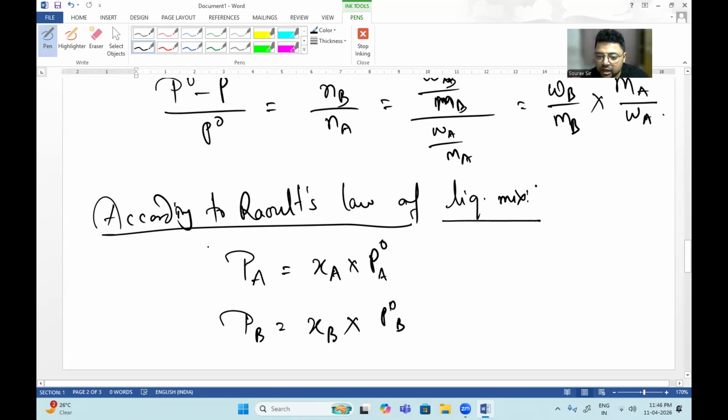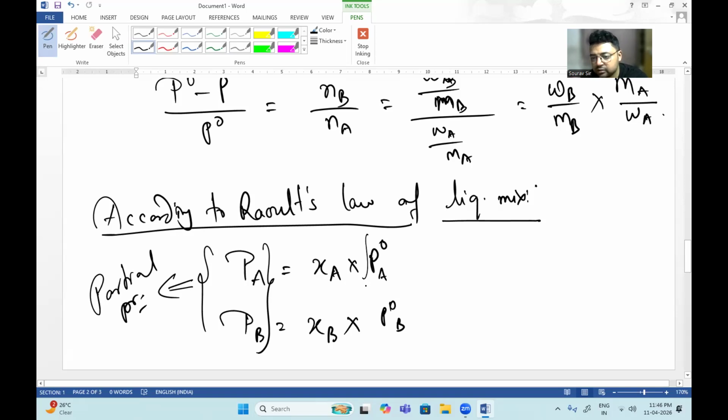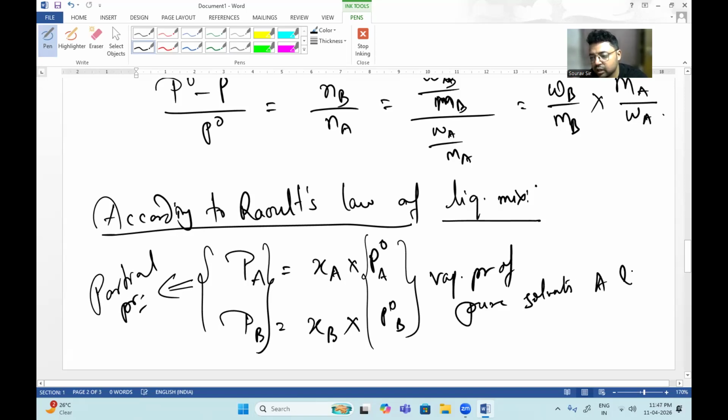PA and PB are known as partial vapor pressures, or simply partial pressures, and XA and XB are mole fractions of A and B, and P0A and P0B are vapor pressures of pure solvents A and B. Okay, this is the Raoult's law for liquid-liquid mixture.